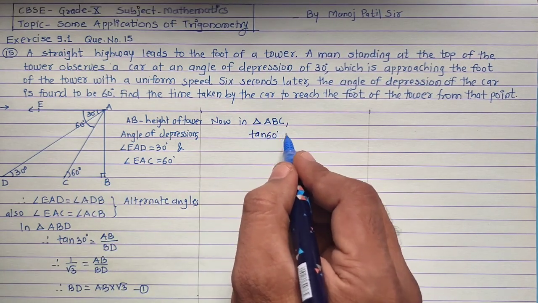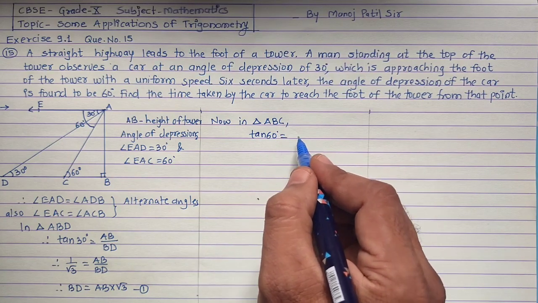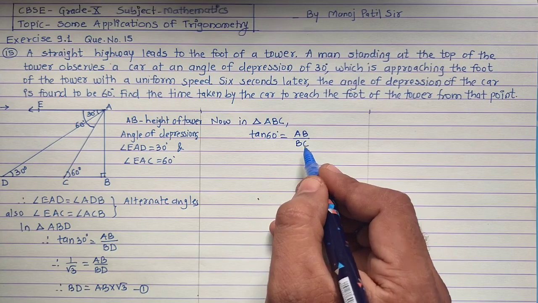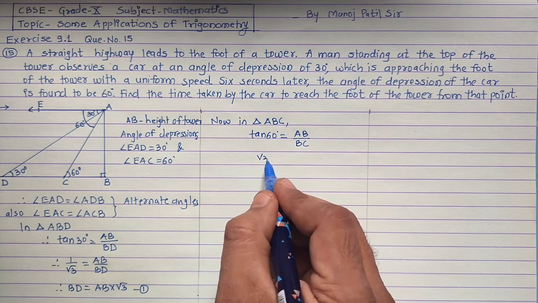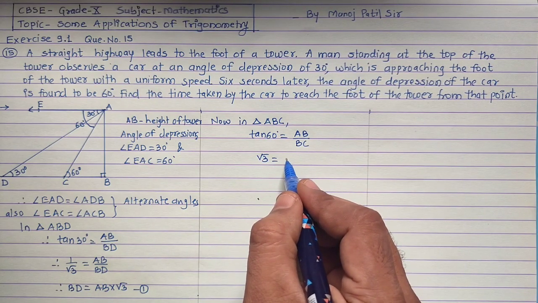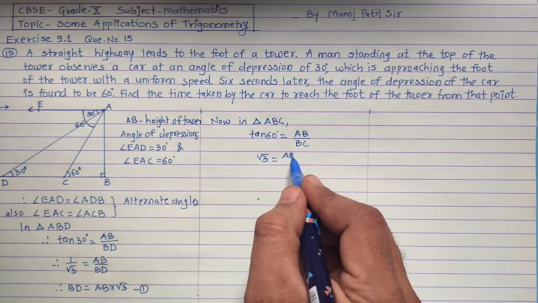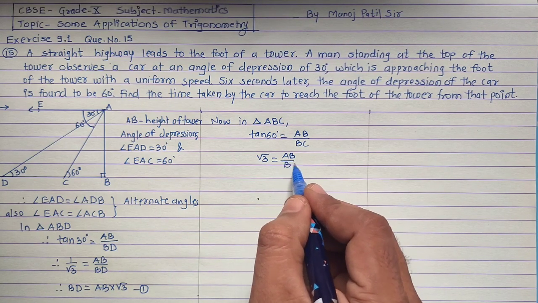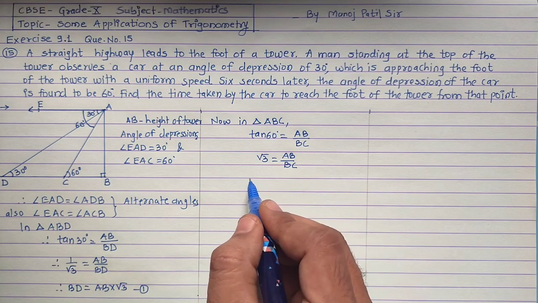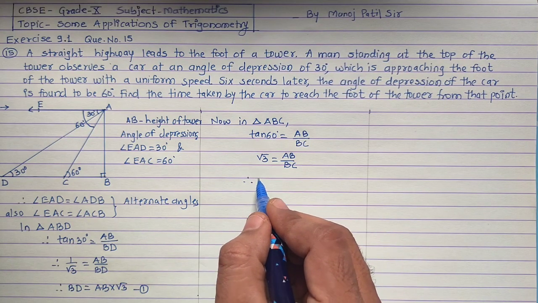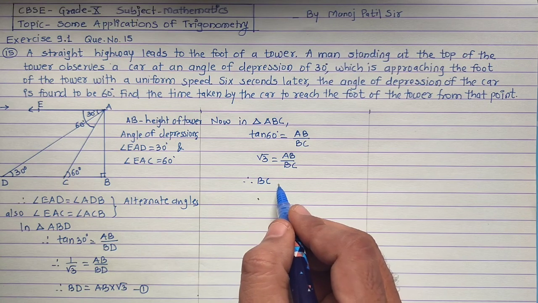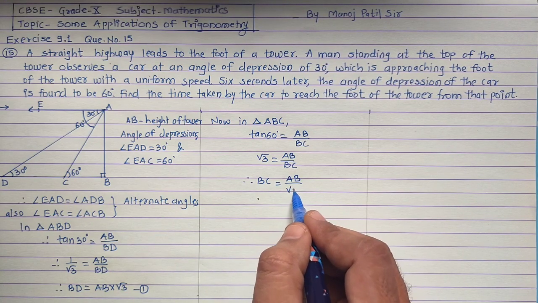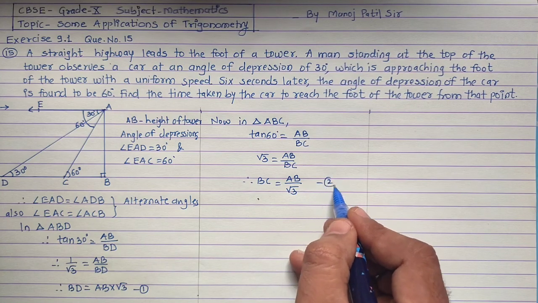So tan 60 degrees is equal to AB upon BC. We know tan 60 is root 3. Therefore, root 3 is equal to AB upon BC, and we'll find BC by using the transposition method. So BC is equal to AB upon root 3. This is equation number 2.